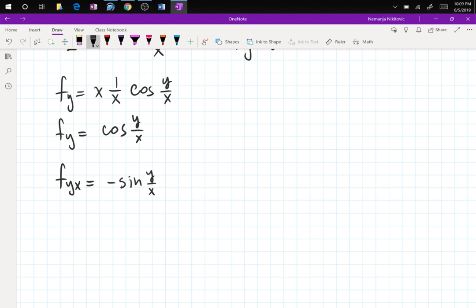I'm taking the derivative with respect to x, right? So that's going to be negative y over x squared, by the chain rule. So altogether, y over x squared sine y over x, I believe.